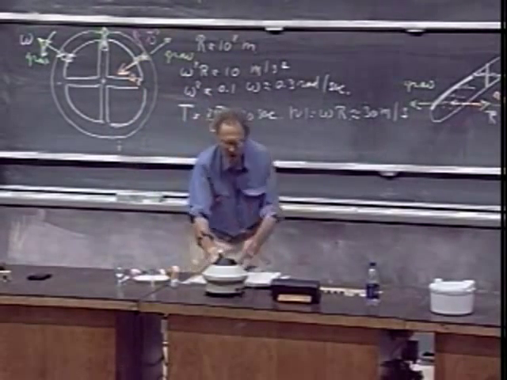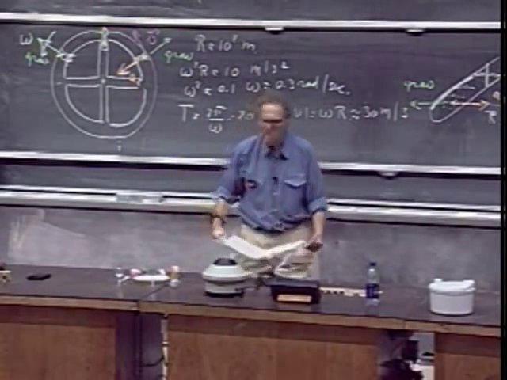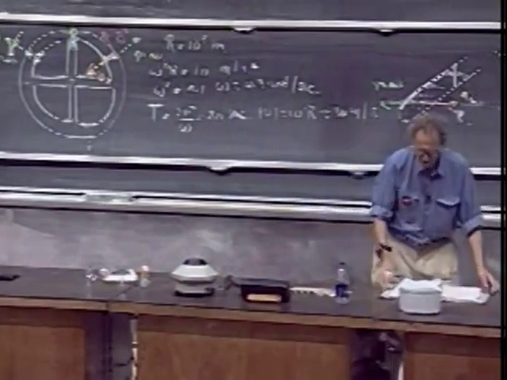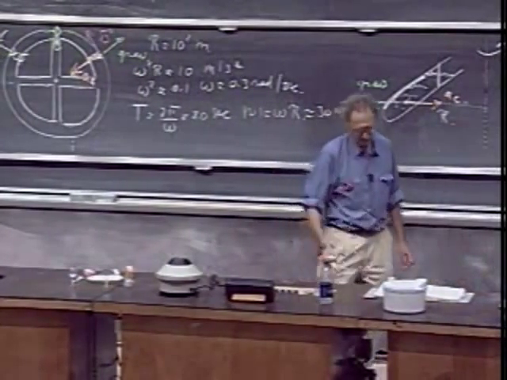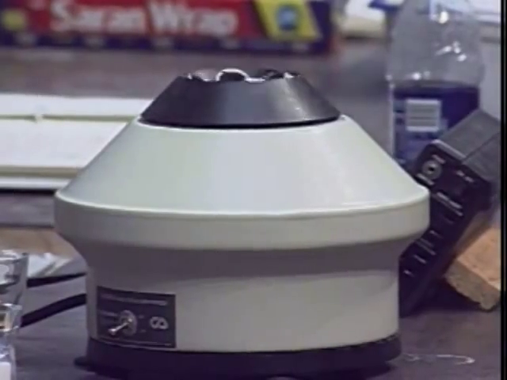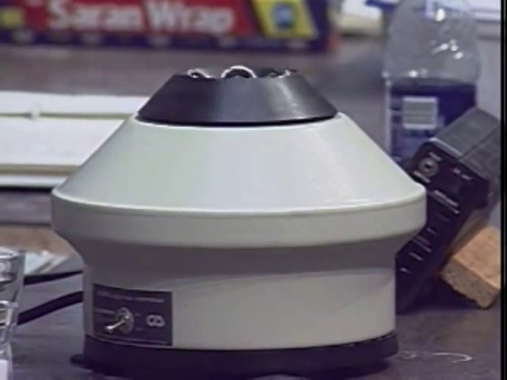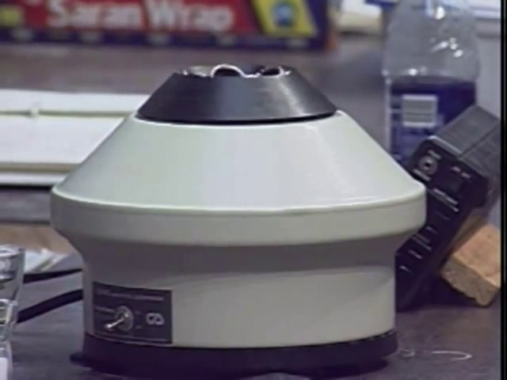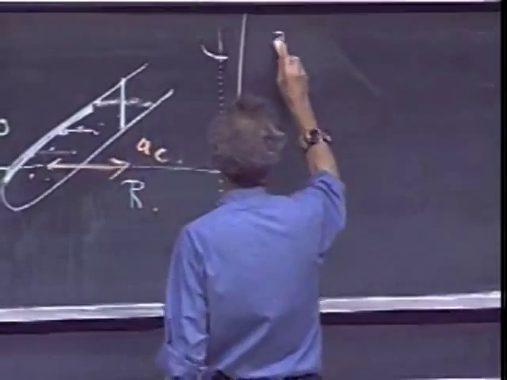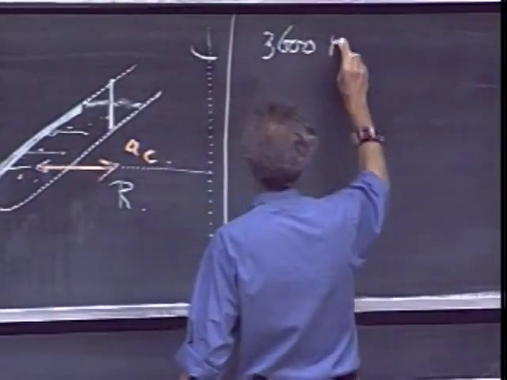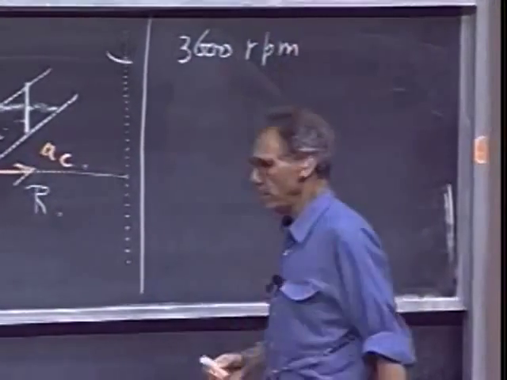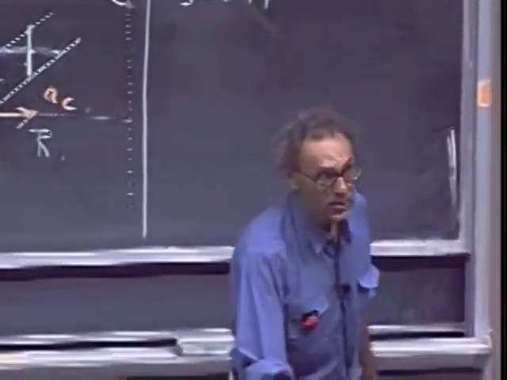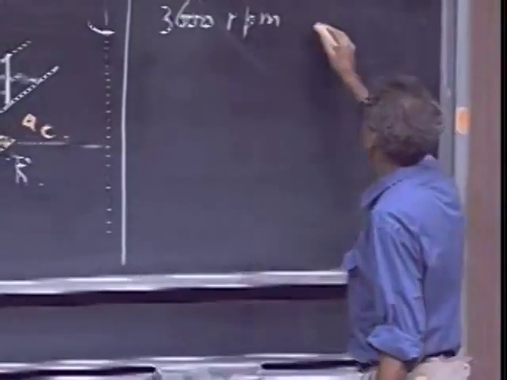Here we have a household, simple, nothing special centrifuge that is used in any laboratory. The centrifuge that we have has 3,600 RPM. So 3,600 RPM translates into a frequency of 60 Hertz.